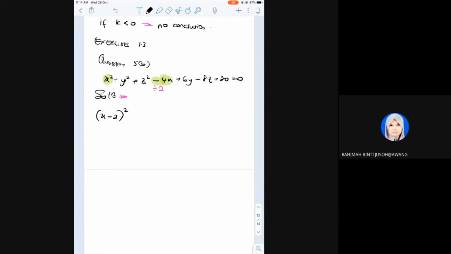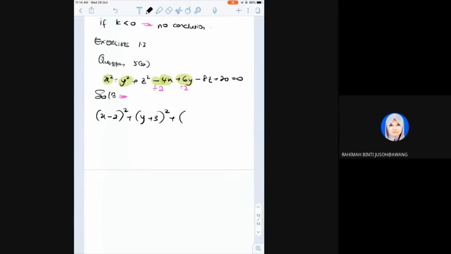And then plus, open the bracket, put y. Now the pair of y squared is +6y. So the coefficient of 6 here should be divided by 2. So 6 divided by 2, we will have +3. So square.